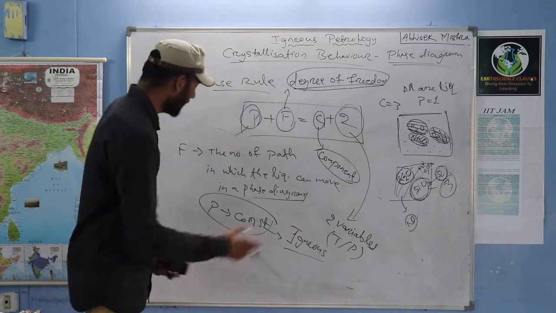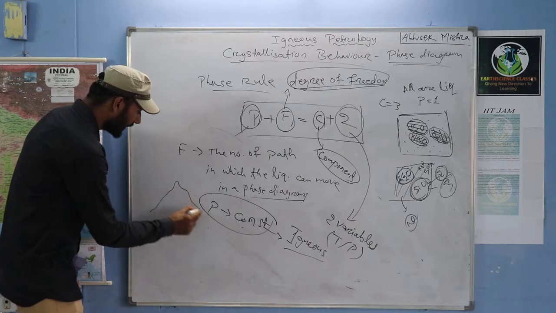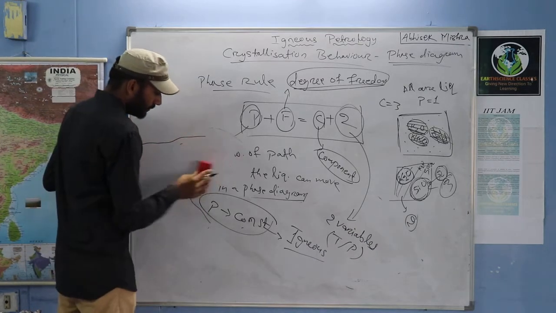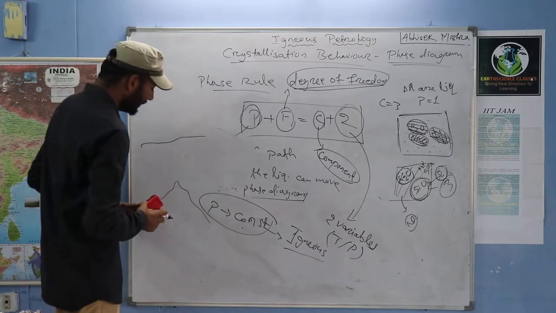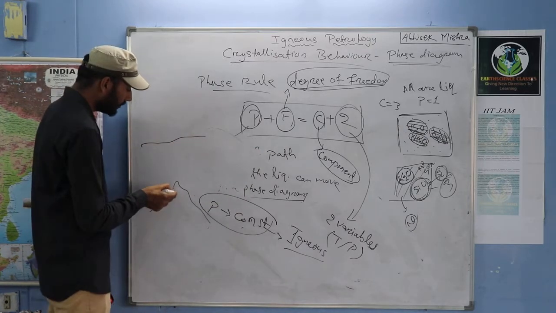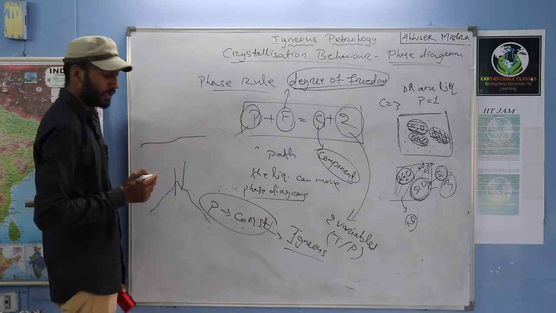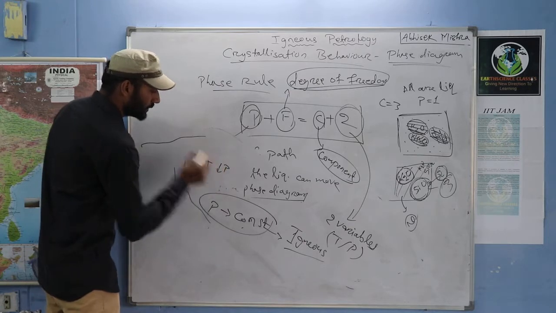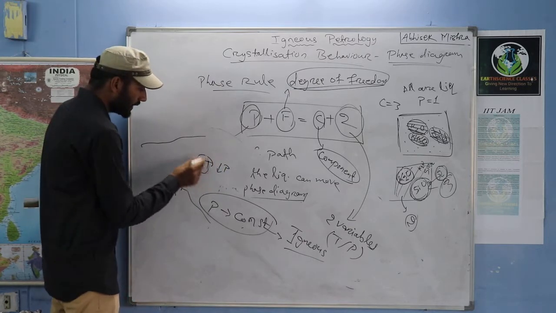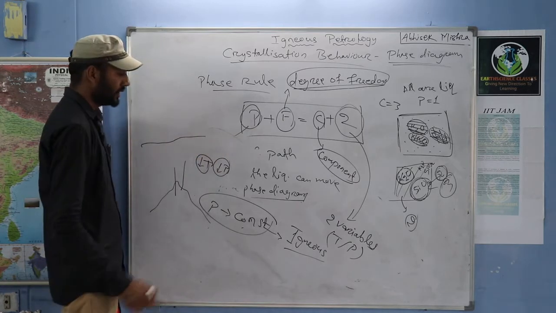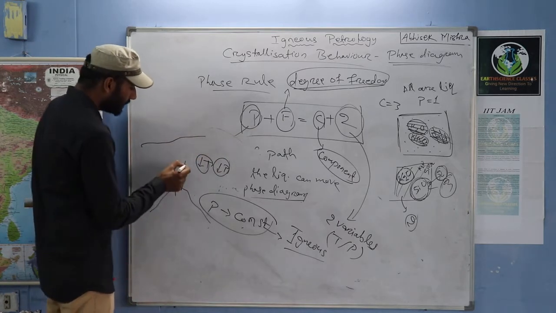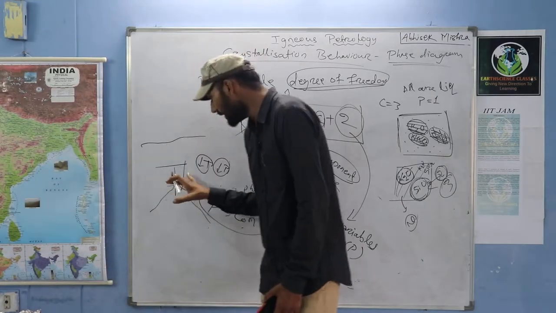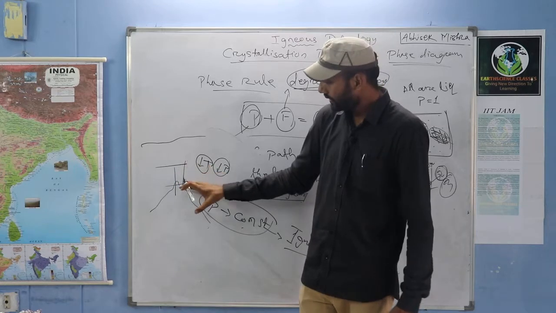That means, as I have told you, if this is the magma chamber, it is somewhere below the surface, and the magma is moving upward. The magma moving upward means there is a decrease in temperature and a decrease in pressure, so there are two variables. So what happens? We take that the magma is not moving. It is constant at the magma chamber.